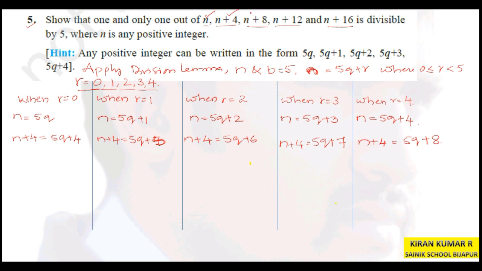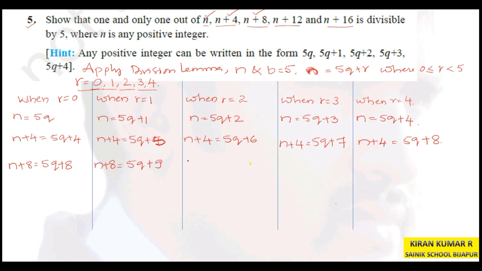Now we have to take n plus 8. What will be n plus 8? For each remainder we need to find out. For remainder equal to 0, n plus 8 will become 5q plus 8. When remainder is 1, n plus 8 will become 5q plus 9.